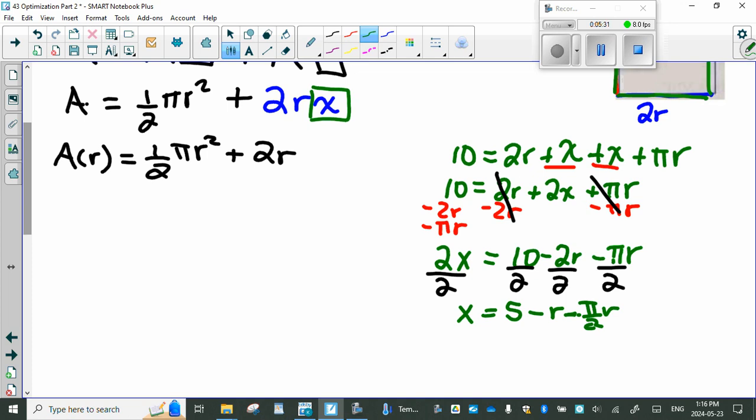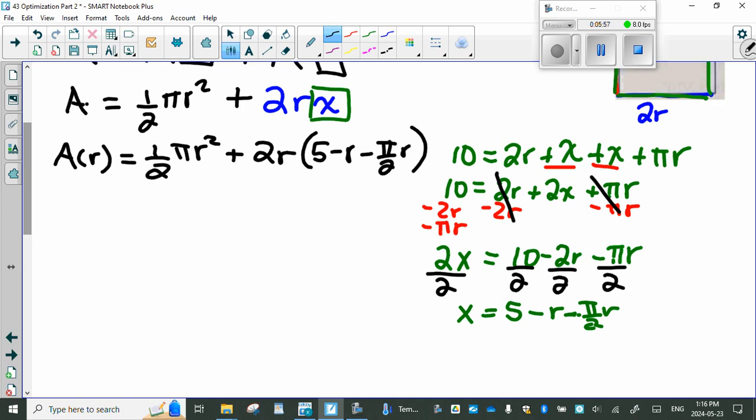So I come back up here, and I'm going to replace that x with 5 minus r minus pi over 2 r. And now I have that all in terms of r. Now I want to make the prettiest, easiest version of it to derive.